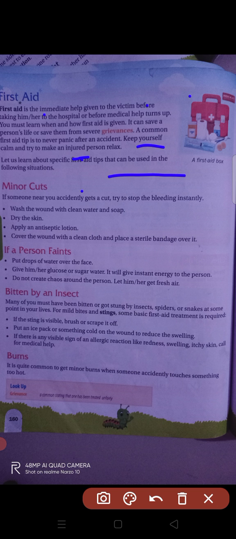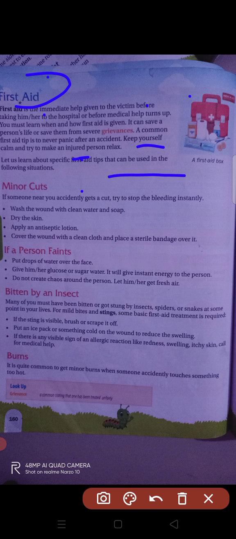Okay, so here, the first aid concept, what is it? Okay, what do you mean by first aid? I think this is the first time we are learning about first aid, right? So just concentrate that first aid is nothing but the immediate help given to the injured person or the victim. So here, immediate help.